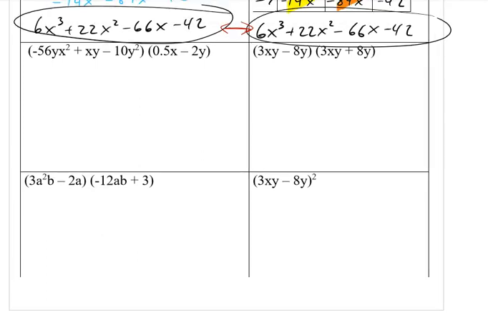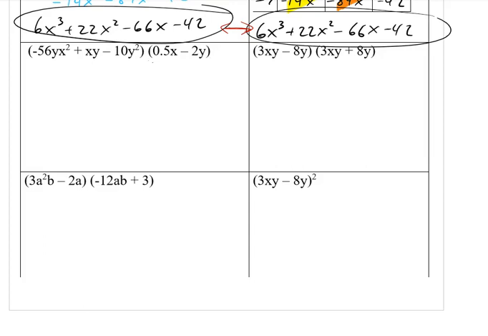So for the next one, notice that it's 3 terms first and then 2 terms. It doesn't really matter, you can flip them if you want. I just always distribute from the one with less terms. So I'm going to actually make this one do the jumping around.